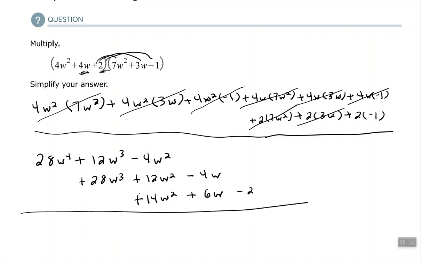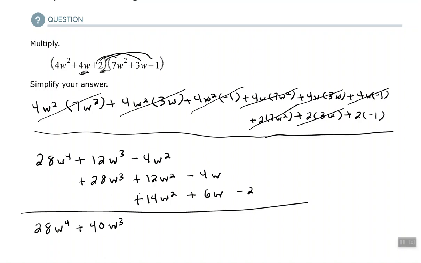Alrighty, so we multiplied all of that out. Now we need to combine the like terms. So 28w to the 4th. 12 and 28 is 40, so 40w to the third. Now here we have negative 4 plus 12, that would be positive 8.